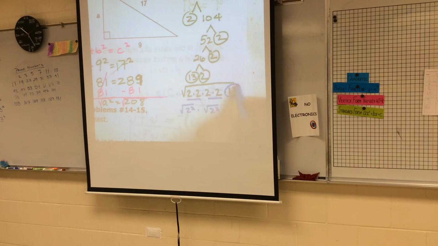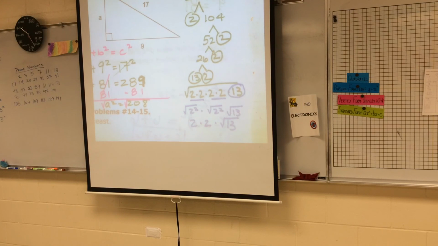And then 13 is all by its lonesome. So the square root of 13 won't simplify. So what is the square root of 2 squared? 2 times, we have another one, 2 times the square root of 13. So then I can combine like terms for my last step. 2 times 2 is 4. Square root of 13 is that side a.